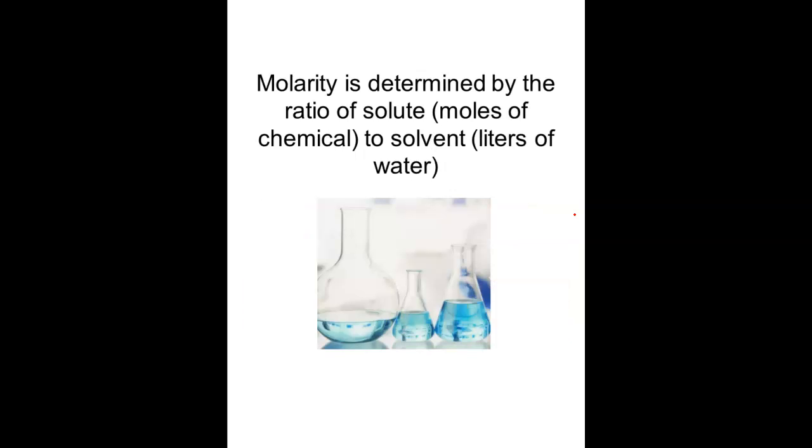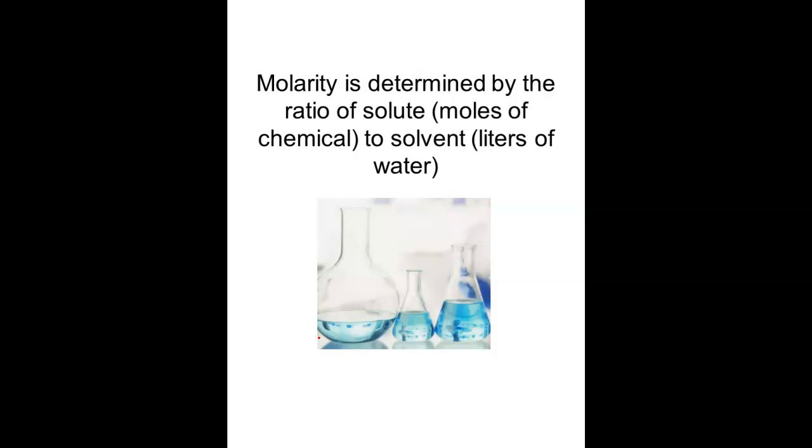So as you saw in that image before, molarity is determined by the ratio of solute, in other words, the moles of a chemical, and how much solvent or water is included. And here below you have an example where we have what looks like the same concentration of this blue dye. All of the colors look about the same shade of blue.